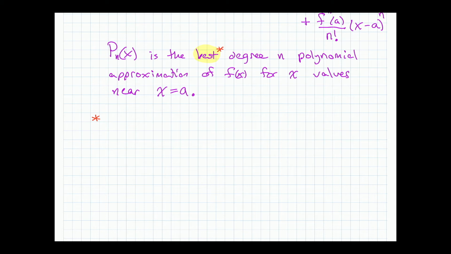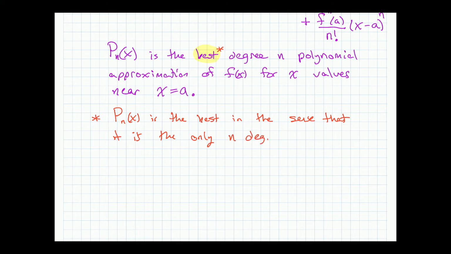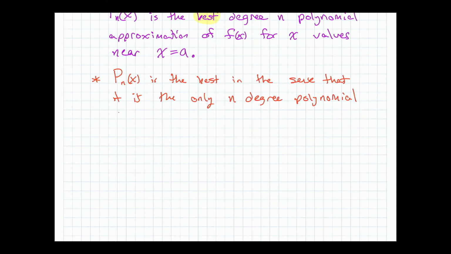So p sub n of x is the best in the sense that it is the only n-degree polynomial for which the following is true.